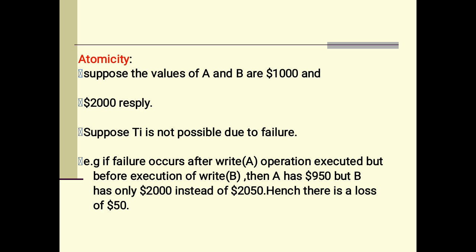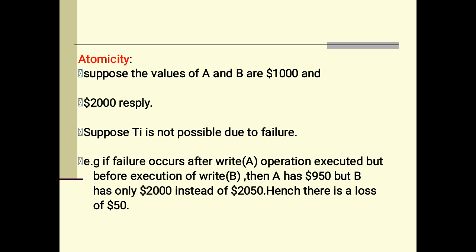But the expected value of account B is $2,050 because we are transferring $50 from account A to account B. Due to the system failure, the $50 has been deducted from account A, but it has not been added to account B. Hence, there is a loss of $50. So this is atomicity.